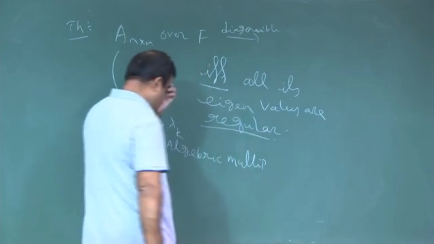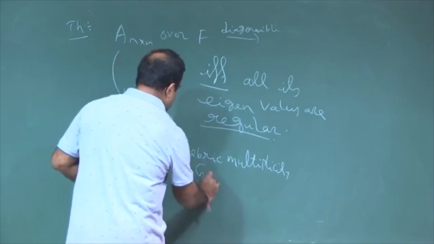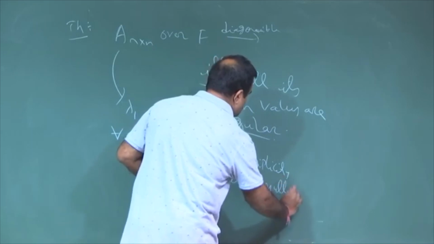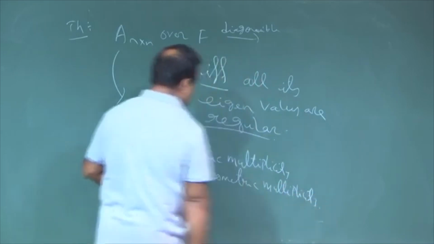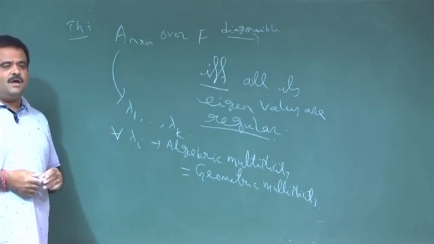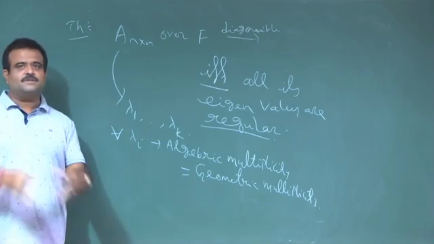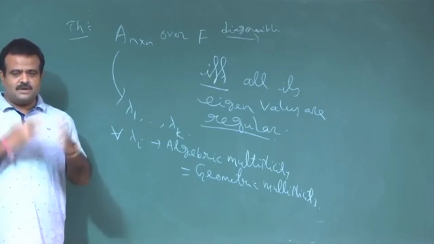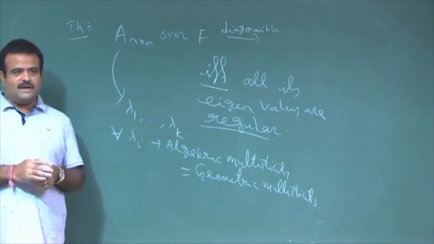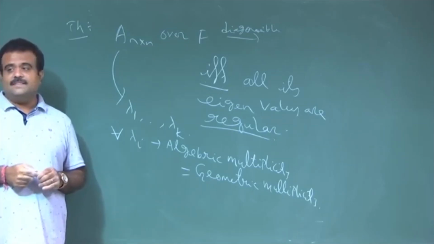Algebraic multiplicity must be equal to geometric multiplicity. We know the algebraic multiplicity means how many times it is coming as a root of the characteristic equation, and geometric multiplicity is, if we consider the vector space for these eigenvalues, I mean the eigenvectors that will form a vector space with the null vector, and the dimension of that.